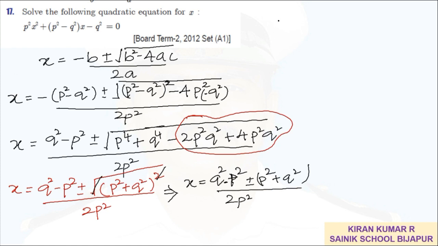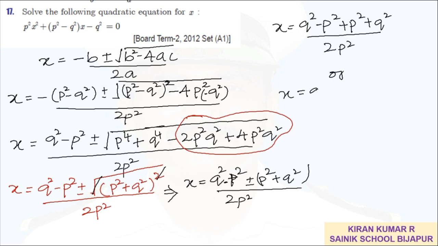Let me write the values here. So x will be q square minus p square. This time I will consider positive, plus q square plus p square divided by 2 times p square.